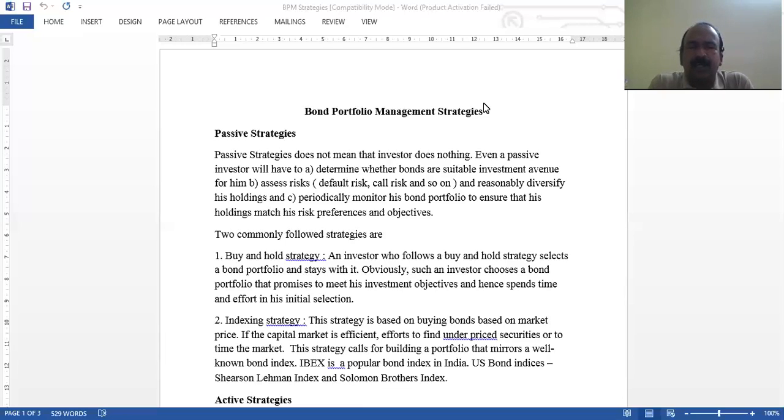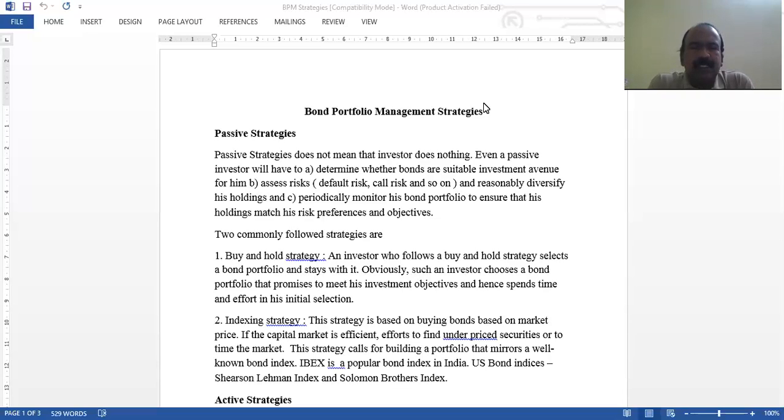He has to reasonably diversify his investment, and he should periodically monitor his bond portfolio to ensure that his holdings match his risk preferences and objectives. So these are all the strategies for passive investing. He has got two types of strategies he can keep.